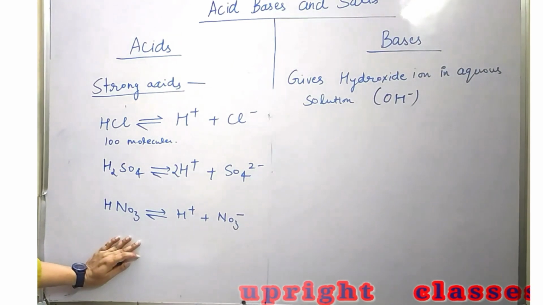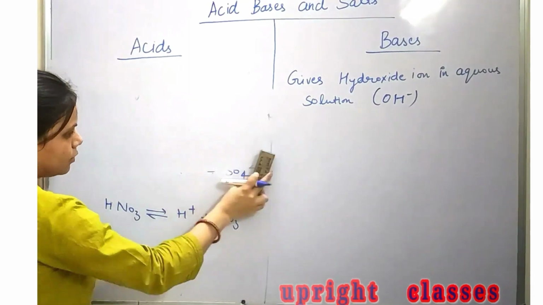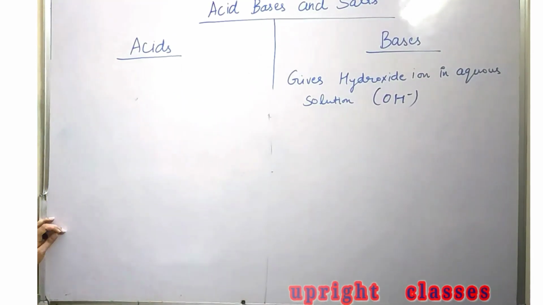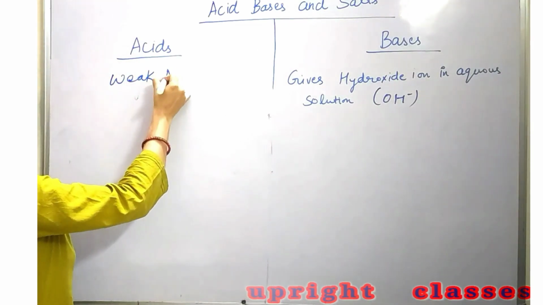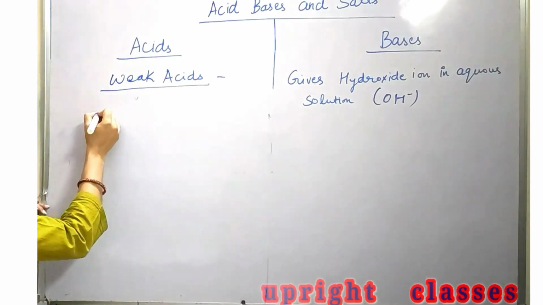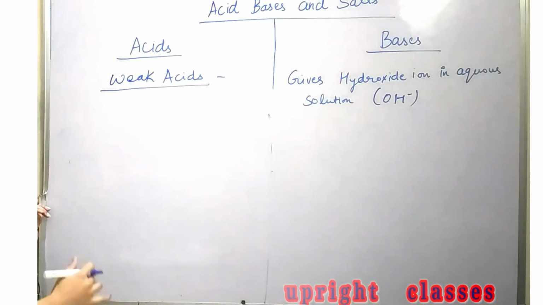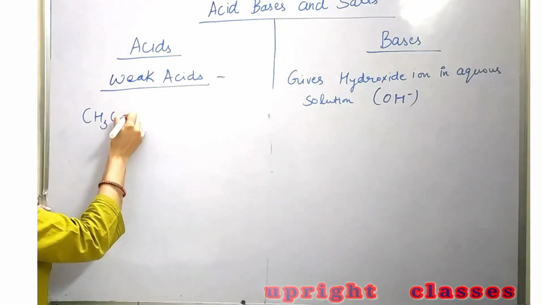But what are weak acids? Weak acids are those which partially dissociate. For example, generally all organic acids.